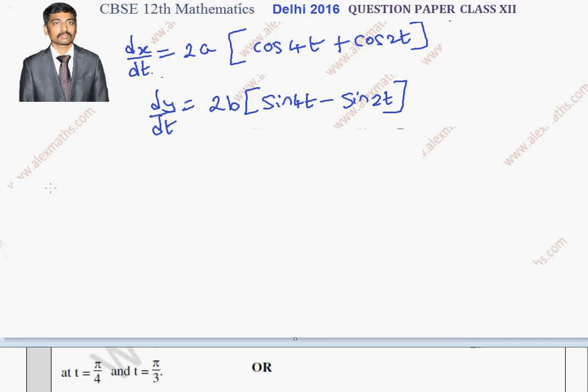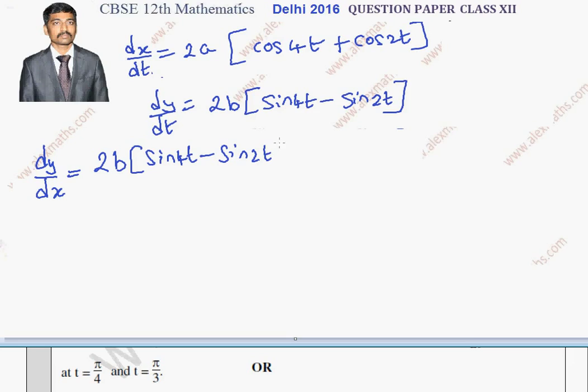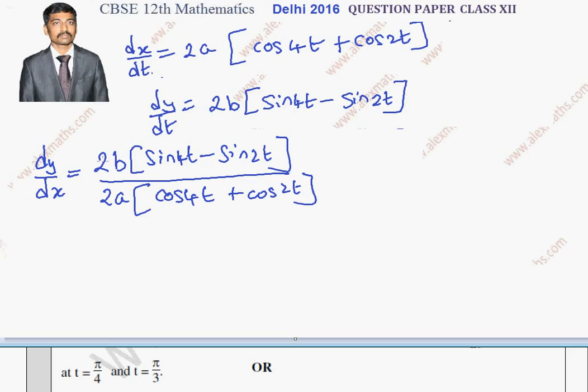Now we have to find dy by dx. For that we will divide. So dy by dx is nothing but dy by dt whole divided by dx by dt. We can cancel 2 and 2.